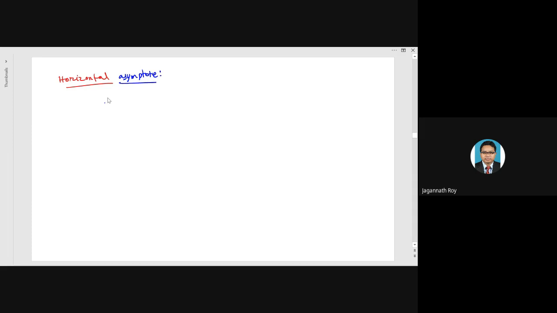So we'll try to find out. Can you tell me what is horizontal? If you can calculate fast. Y equals to 0. You think that is correct?